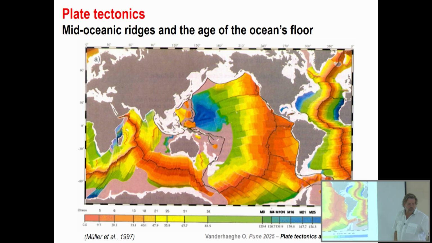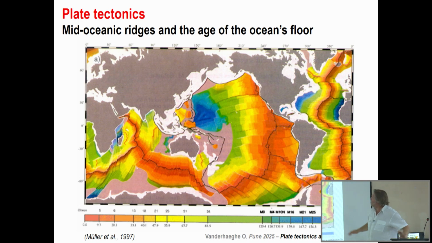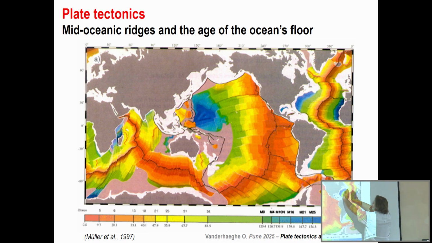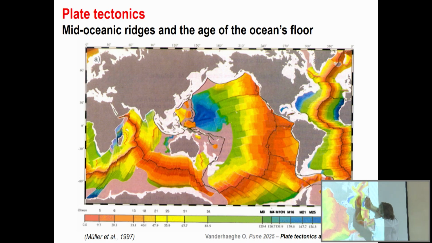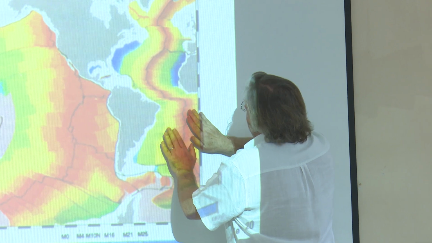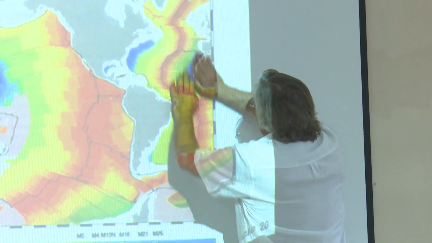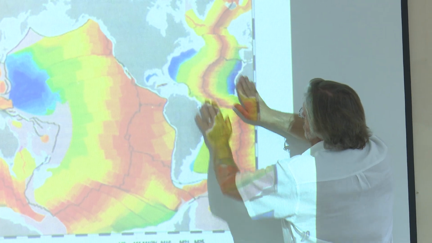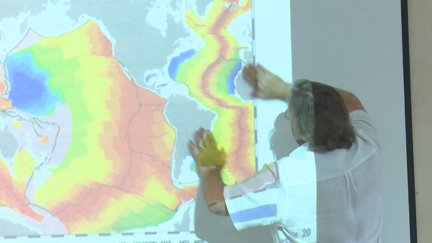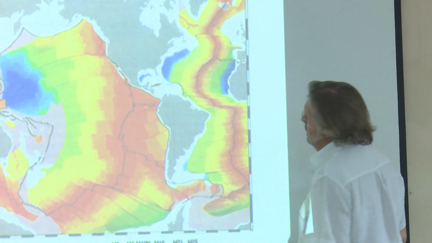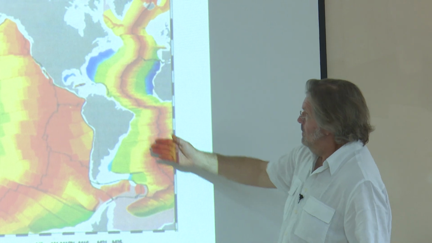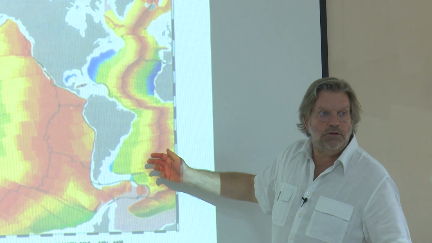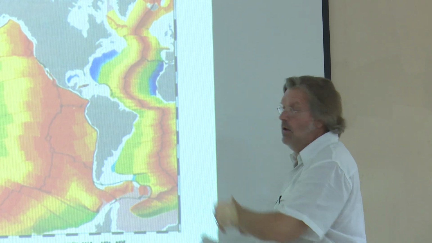And we can reconstruct the opening of the Atlantic, first here in the central part, and then move towards the northern and southern parts, and then finish with the northern part. Very symmetric. And there's no subduction on the margins here. So that's why the symmetry is well preserved.